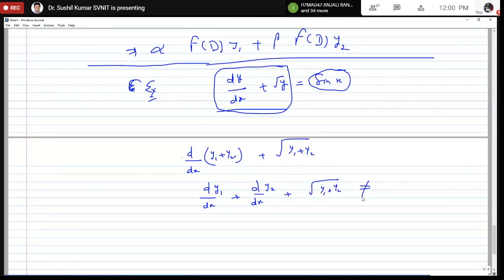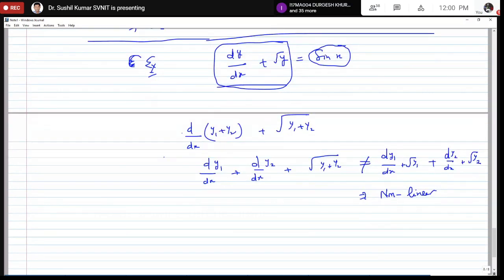So you cannot write it in this form, dy1 over dx plus root y1 plus dy2 over dx plus root y2. Is this equation linear or non-linear? Non-linear. Okay, so that is the first condition.